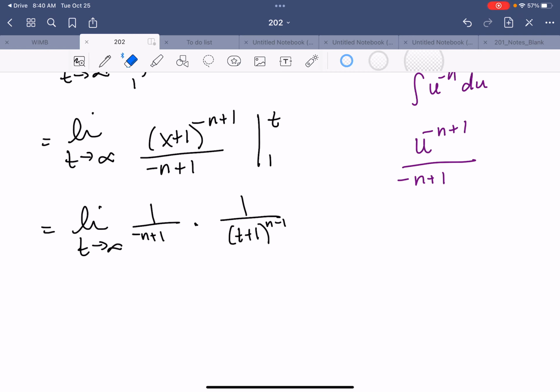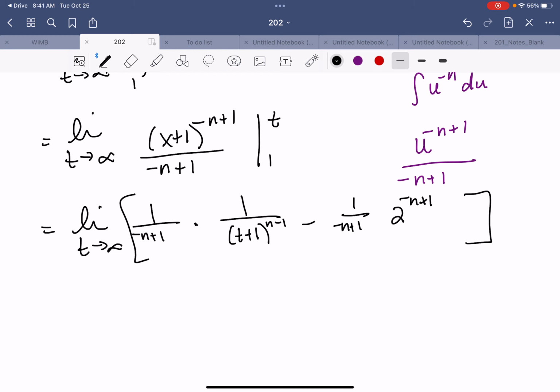And then when you plug in 1, you have the negative 1 over negative n plus 1, and then you get 2 to the negative n plus 1.